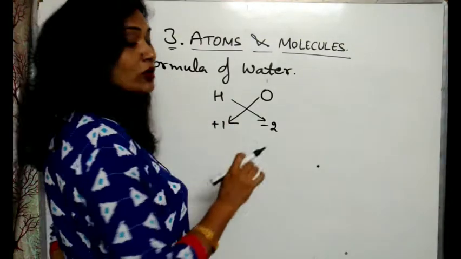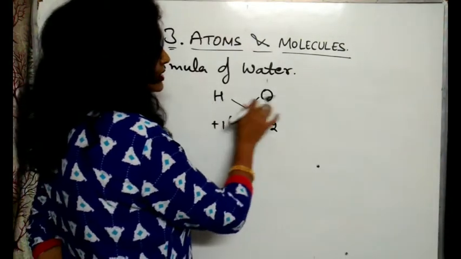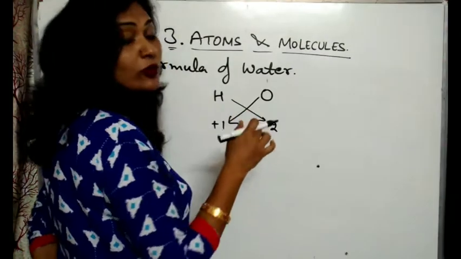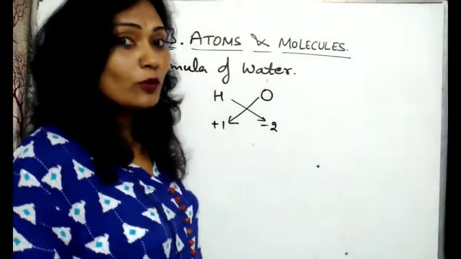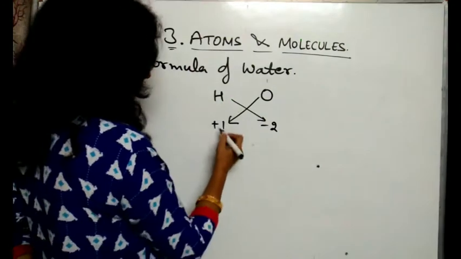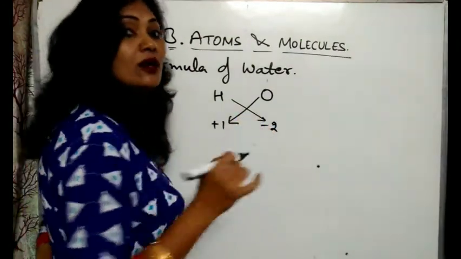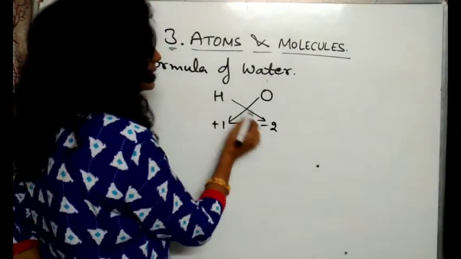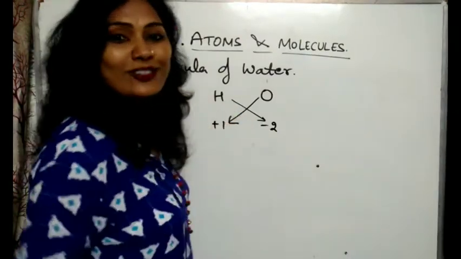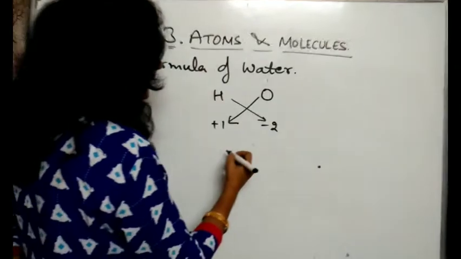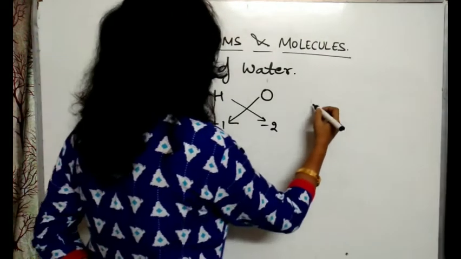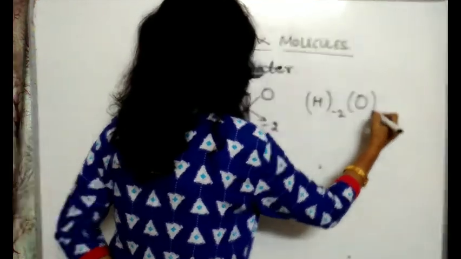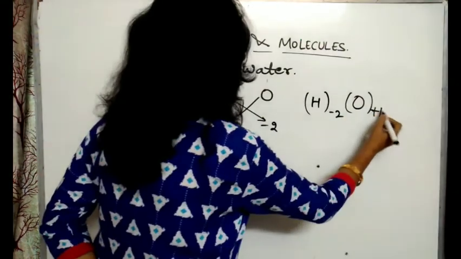First, we have written the symbols of the elements of that specific compound which we want to form. After that we will write the valency at the base of the element, and the third step is to cross the valency and write that. What we will write: H with 2 and O with 1.